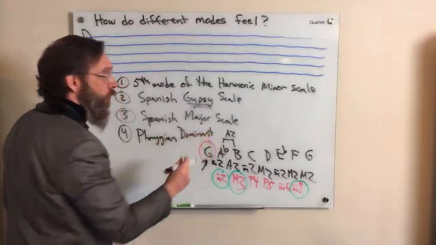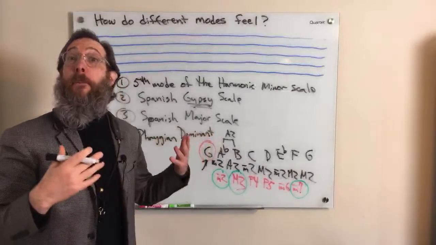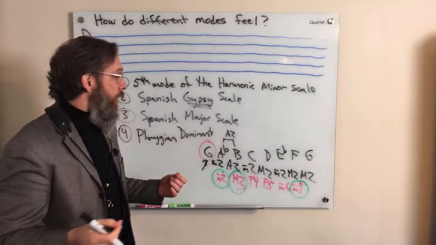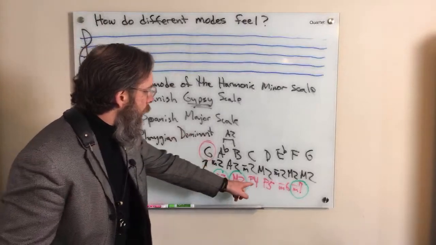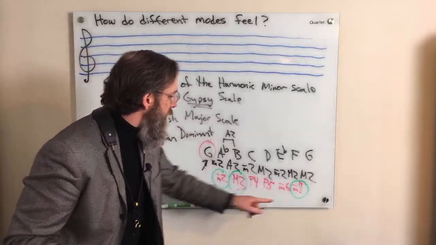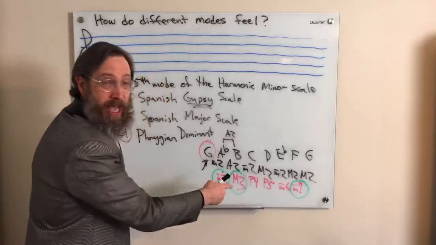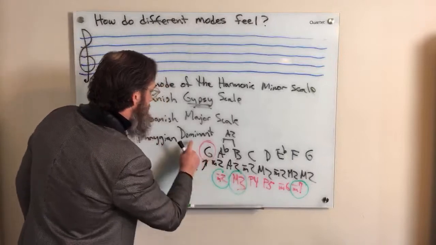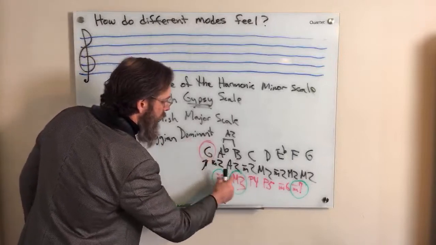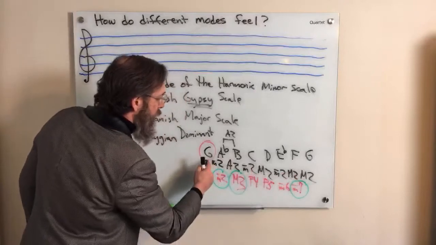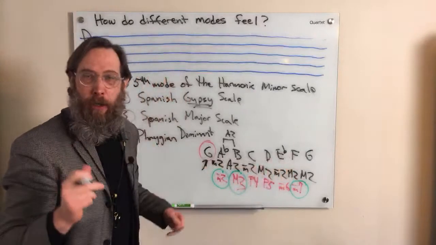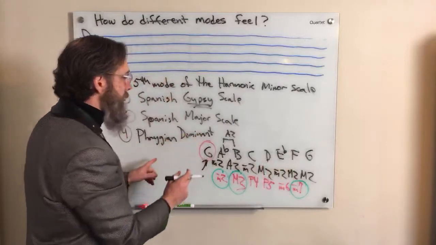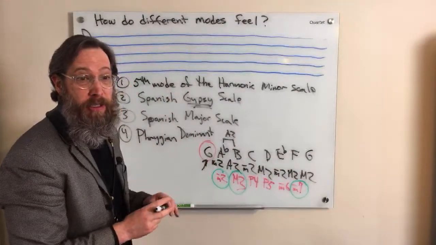And for those of you who have watched my video on modes of the major scale, we know that Phrygian is the third mode of the major scale, and it has a minor second, a perfect fourth, a perfect fifth, a minor sixth, a minor seventh, but it has a minor third. So saying Phrygian gives you all the notes, but then dominant says 1, major third, 5, minor 7. So G, B, D, F, that is a dominant chord or a major minor 7. So the idea of Phrygian dominant is another name that people will use for that scale.